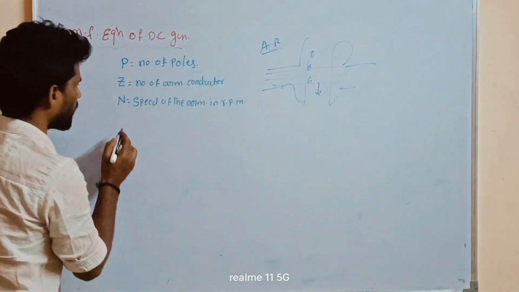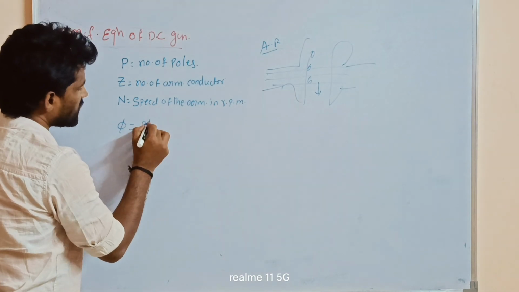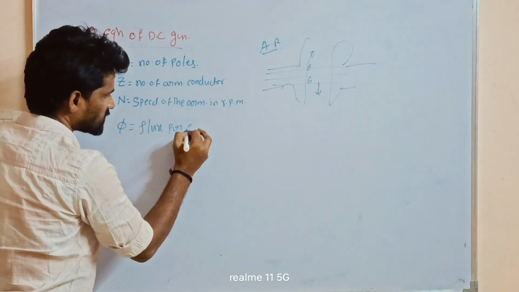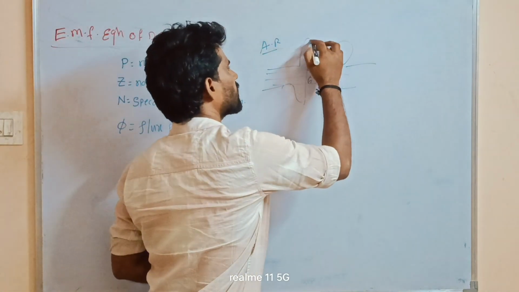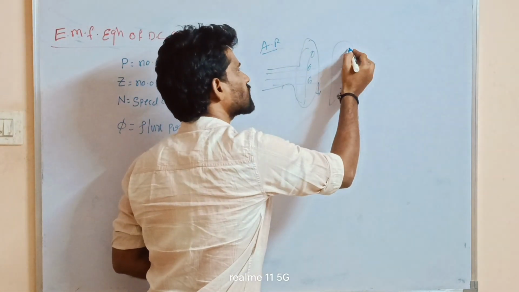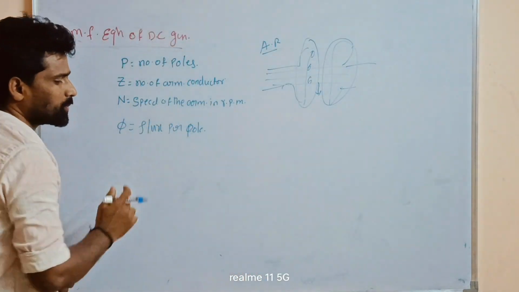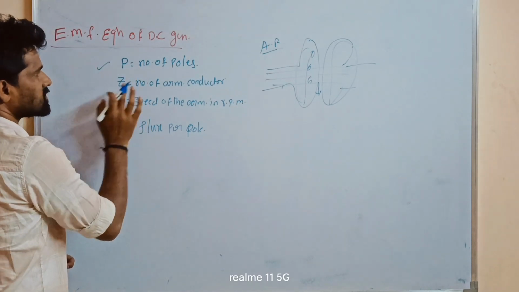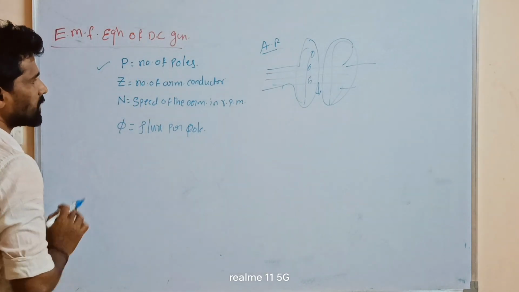That flux is denoted by phi, which is the flux per pole. How much flux is created in this pole, and similarly in the remaining poles, that is the flux per pole. So first, the stator side has poles, armature conductors, speed, and flux per pole.